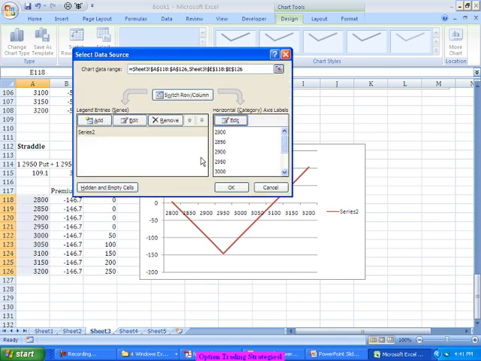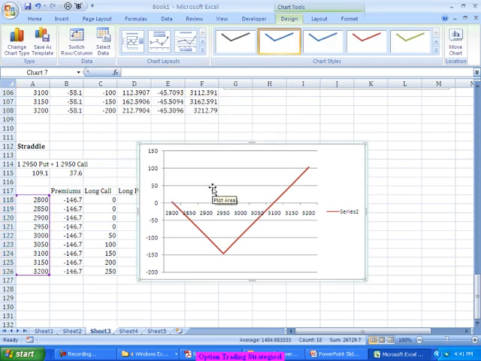It is showing that if the market is highly volatile, either going in the downward direction or in the upward direction, between probably 2800 to 3100 kind of a range, you are making losses. But if it crosses this 3100 mark, or goes below the 2800 mark, there are going to be enormous, unlimited profits in both directions.